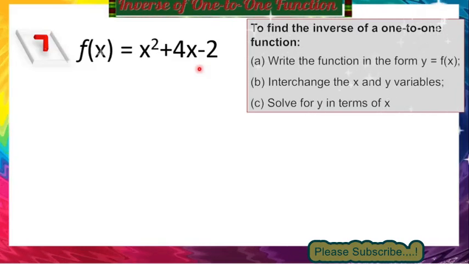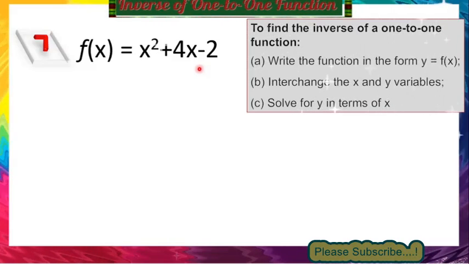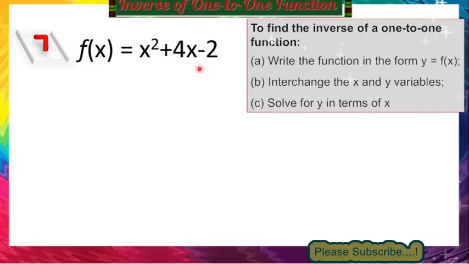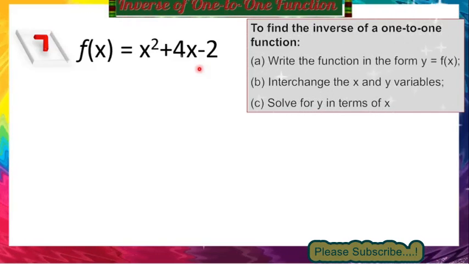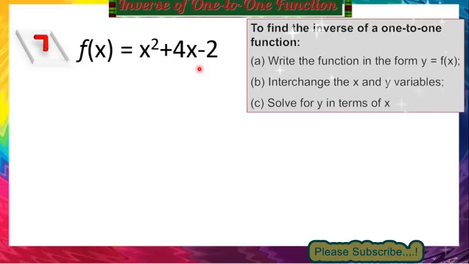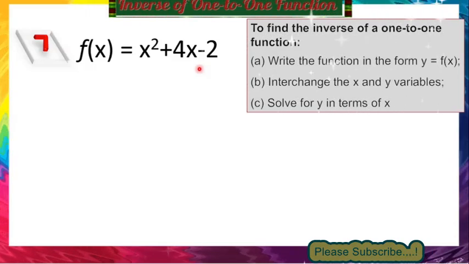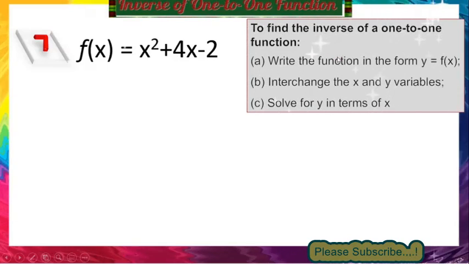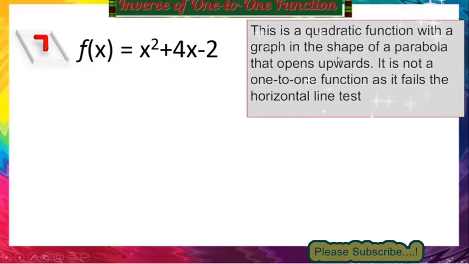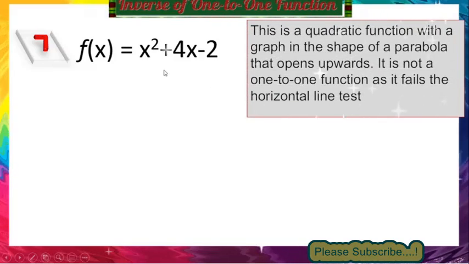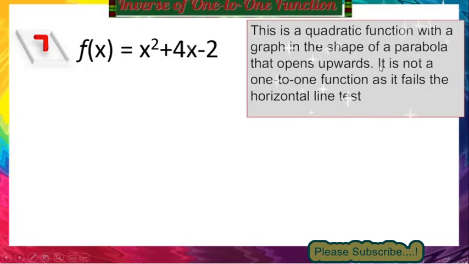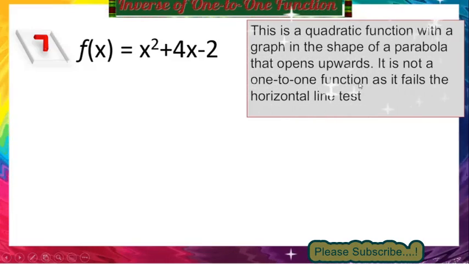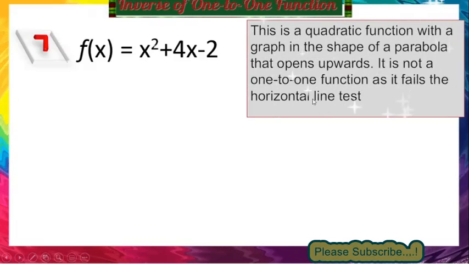When it is an even number or an absolute value, then that function has no inverse function. Okay, so since this is a quadratic function with a graph in the shape of a parabola that opens upward, it is not a one-to-one function as it fails the horizontal line test.